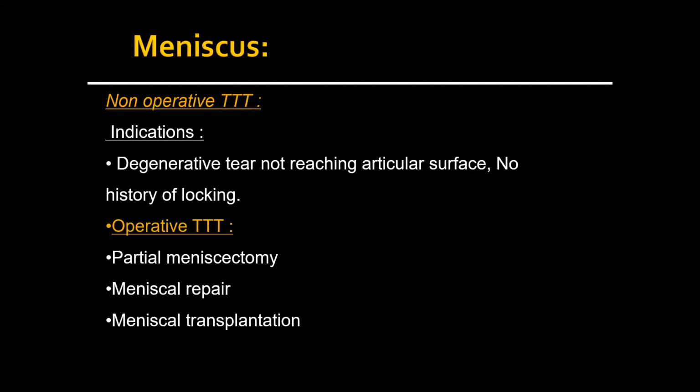The treatment options include partial meniscectomy or meniscal repair. We try as much as possible to conserve the meniscal tissue because of its importance in protecting the knee joint from developing osteoarthritis.